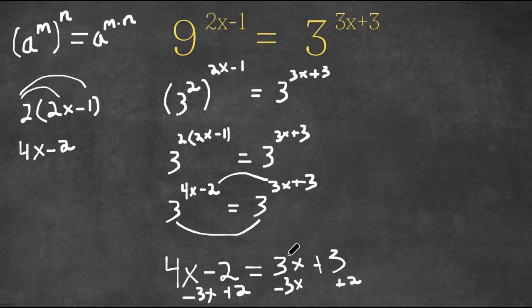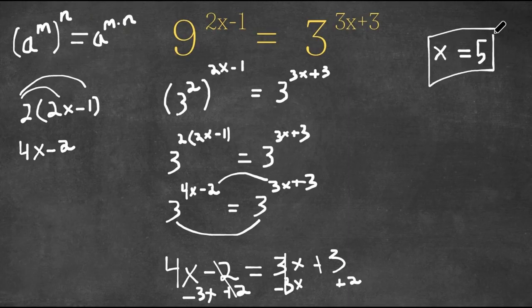So on our right-hand side, these two cancel out, 3 plus 2 is 5. And on our left-hand side, 4x minus 3x is simply x. So we have x is equal to 5. And this is our answer.